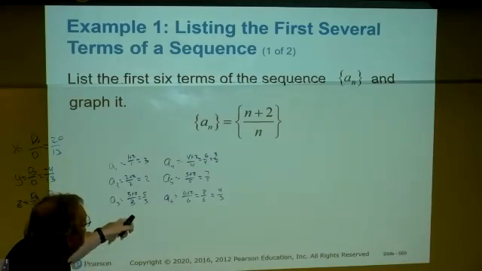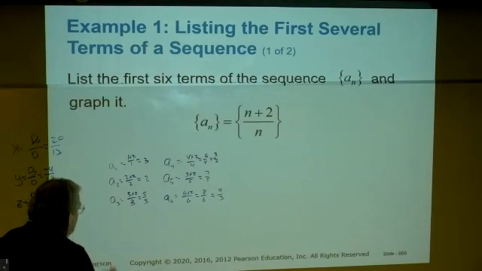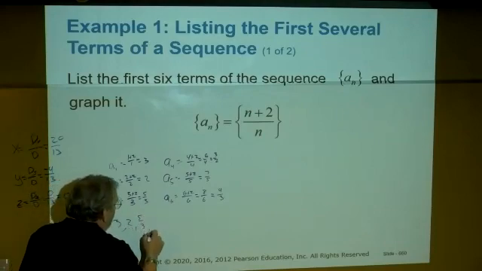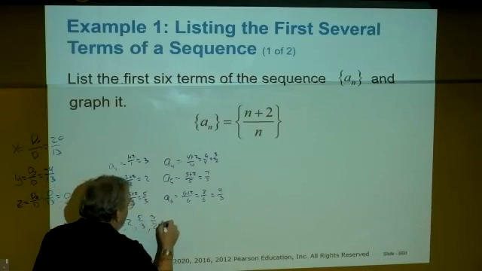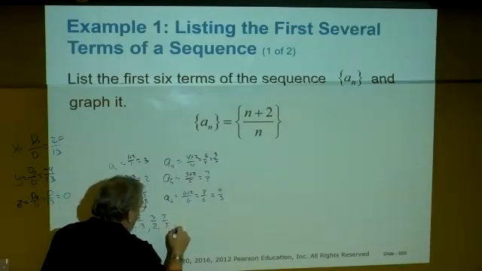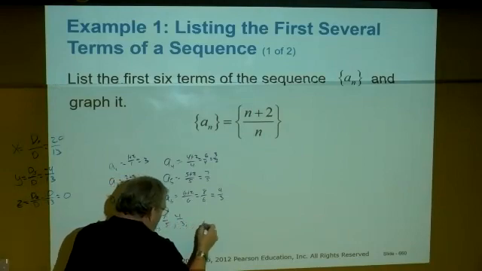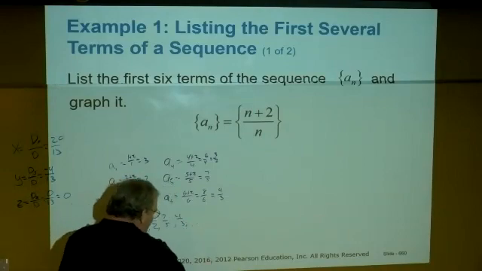So those are the first 6 terms in the sequence. 3, 2, 5 over 3, 3 over 2, 7 over 5, and 4 over 3. And there's more numbers in the sequence, but we stopped at the first 6.